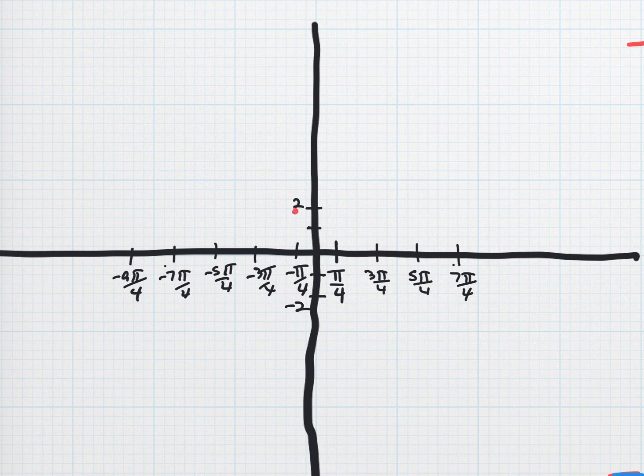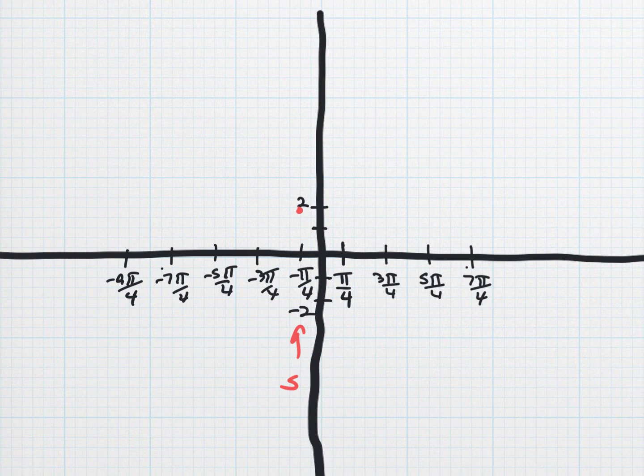So again, remember your starting point is the negative pi over 4. So I have a point right up here above negative pi over 4 at the amplitude of 2. Again, do not put a point on the y-axis. Remember, these points are 90 degrees apart. So if it's 45 to the left, 45 to the right, my next stopping point is right here at pi over 4, not on the 0 or on the y-axis.